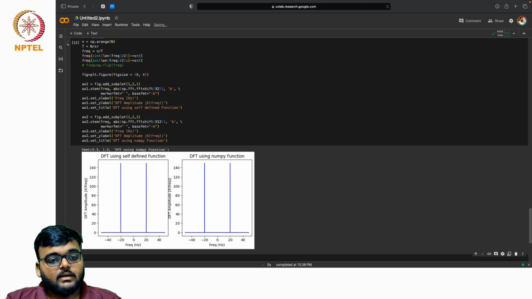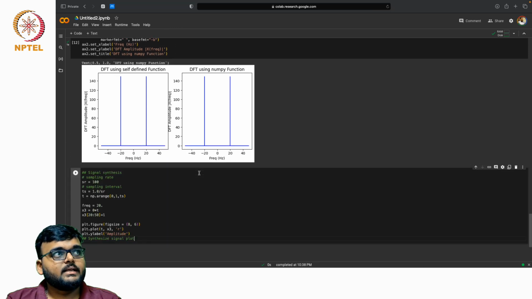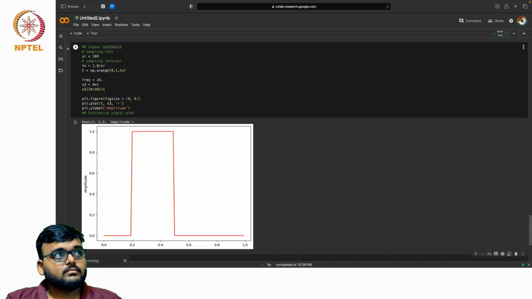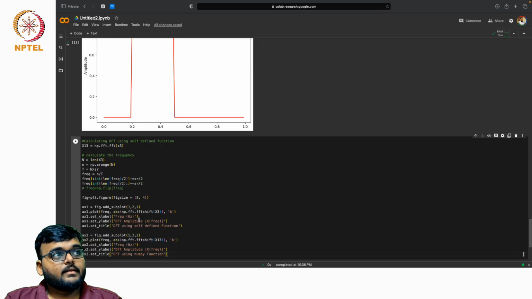If you remember clearly, in one of the examples in week 4, we said that the Fourier transform of a rectangular pulse is a sinc wave. But here you will see something interesting.